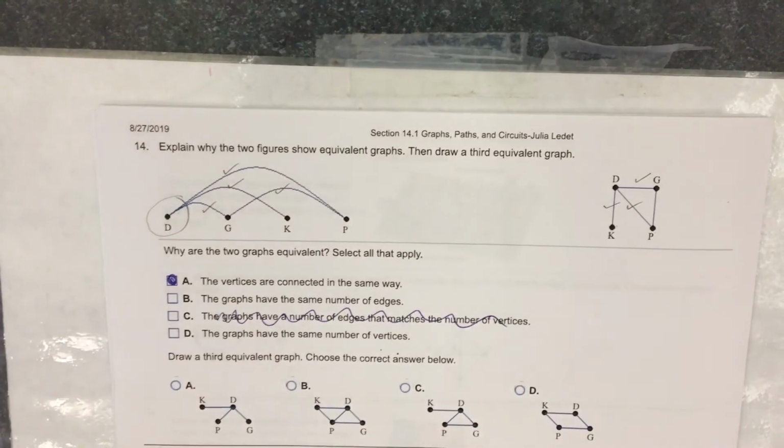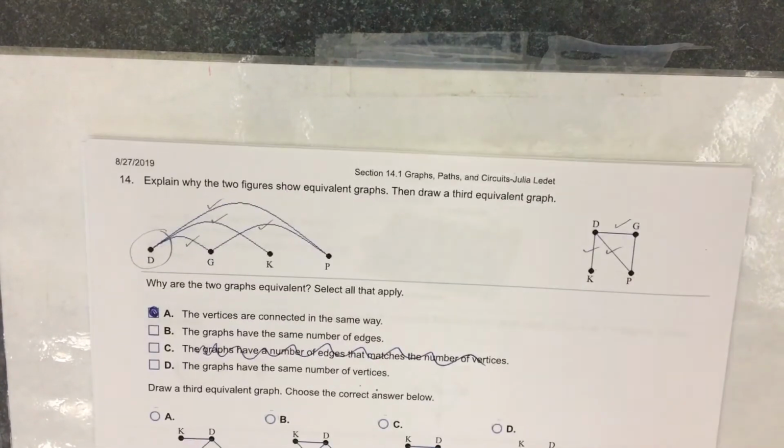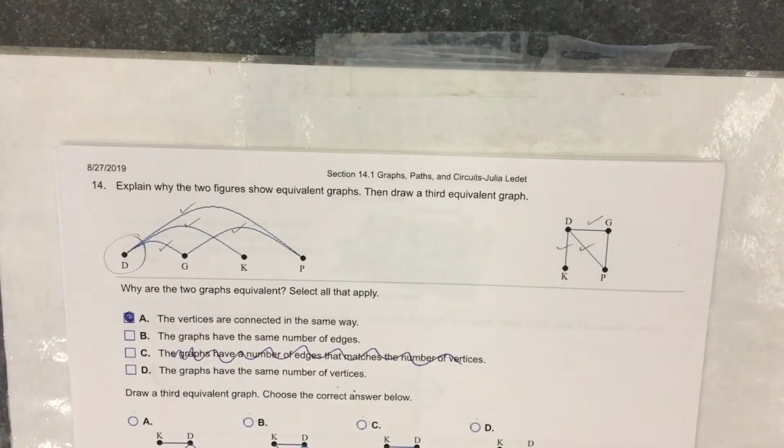I remember this problem from, I think, last semester, and I answered A, saying the graphs have the same number of edges. That doesn't by itself make them equivalent. It is true, but that doesn't make them equivalent. And the same for D, the graphs have the same number of vertices. That is true. They both have 4 vertices.